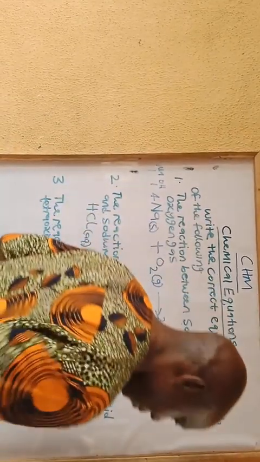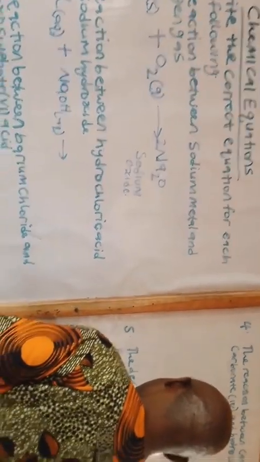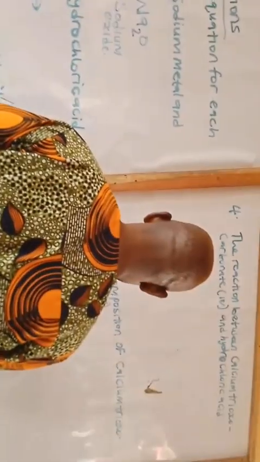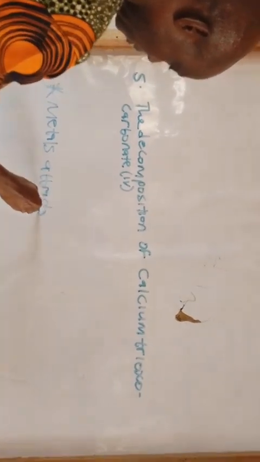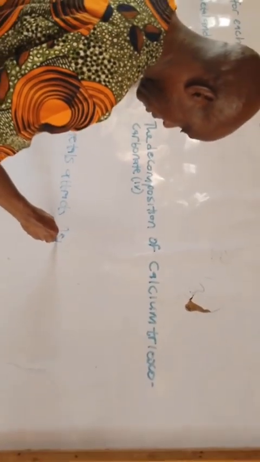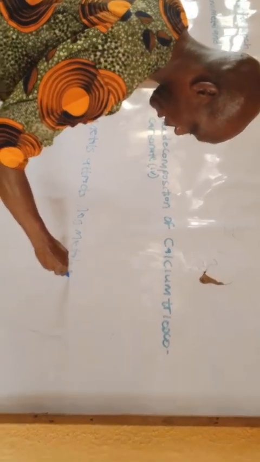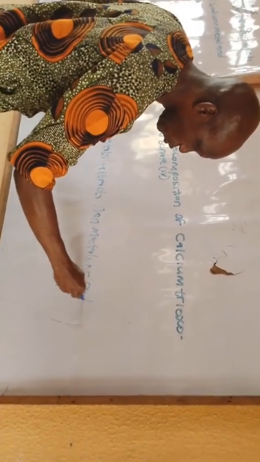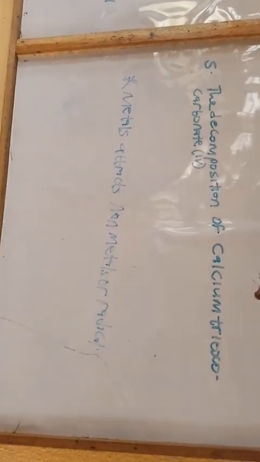Let me write it somewhere. Metals attract non-metals or radicals. Don't forget that. If you can remember these simple rules, you will not have problem knowing what goes with what to get the product. Metals always attract non-metals or radicals.